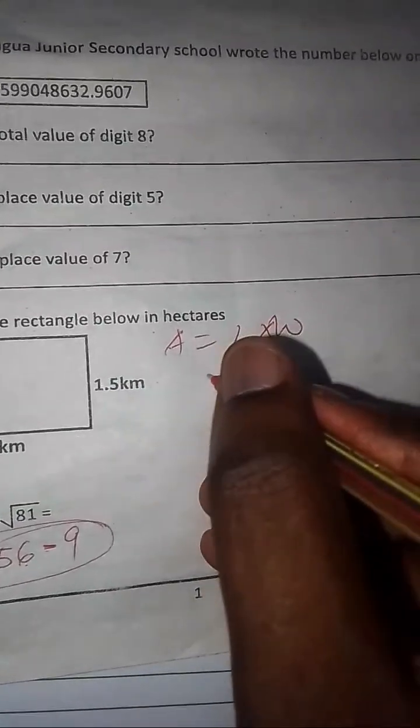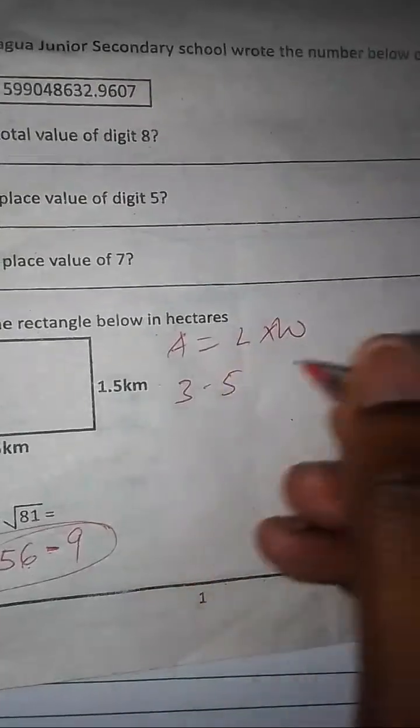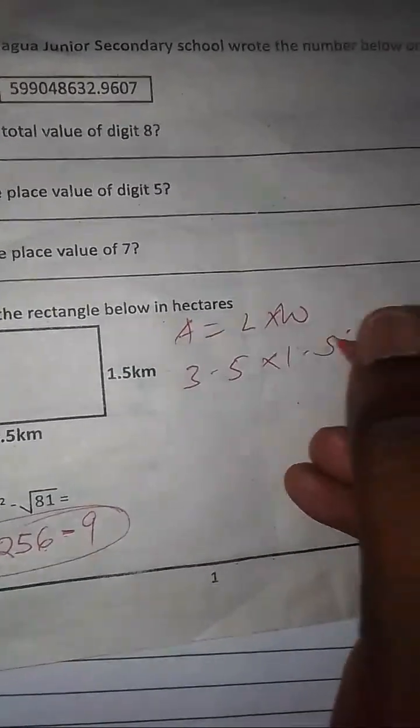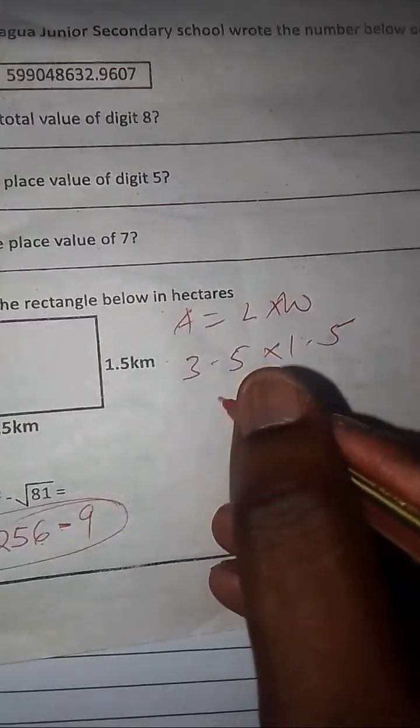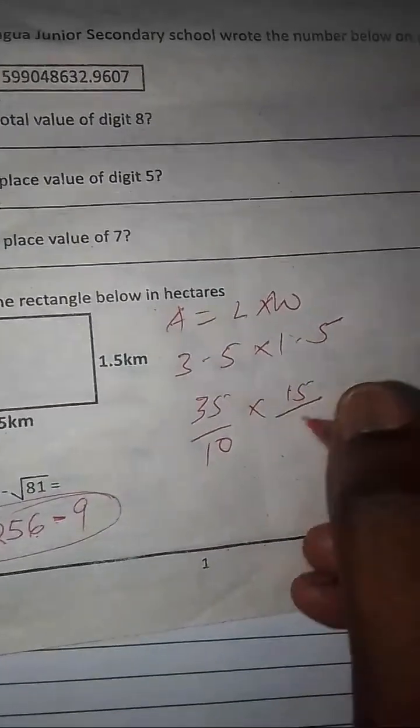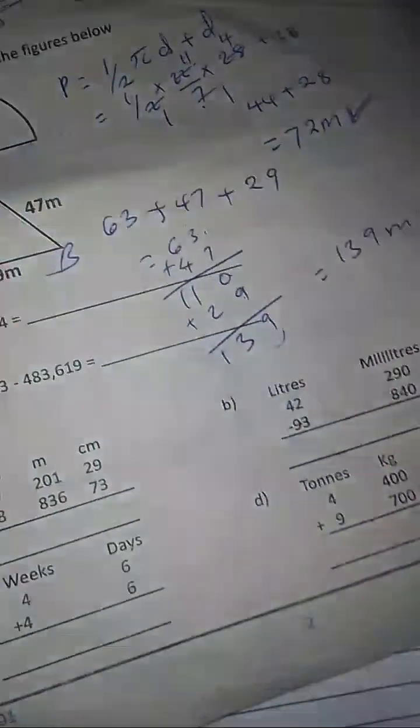So we shall have 3.5 multiplied by 1.5, like saying 35 out of 10 multiplied by 15 out of 10. Once this one is done, you shall automatically arrive at the answer very fast.